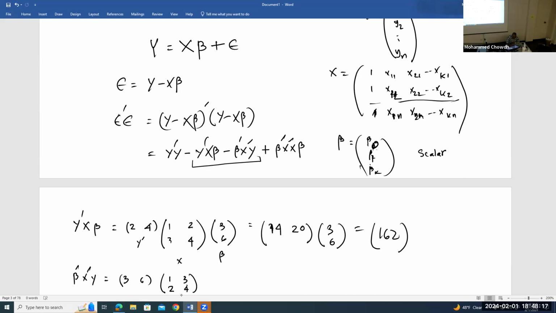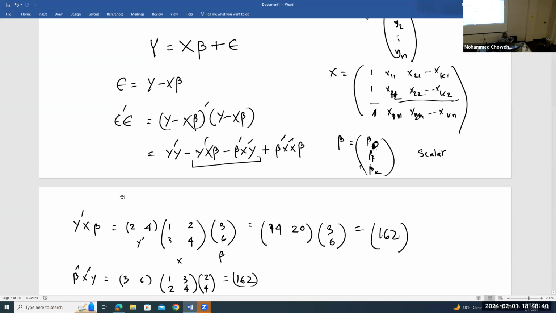Okay, and then y equal to 2 and 4. If you multiply these things, you will end up with 162. Only one number, right? Only one number. That is called the scalar. I am not multiplying these things. I'm just showing that these two are the same.